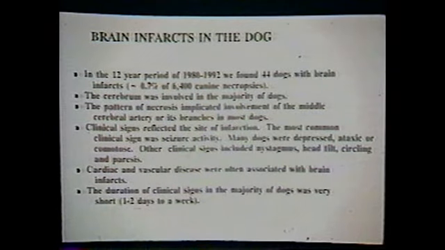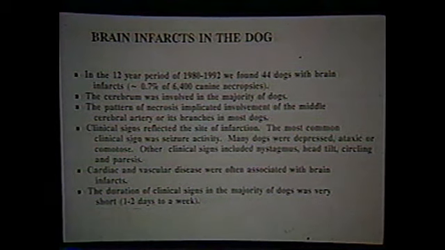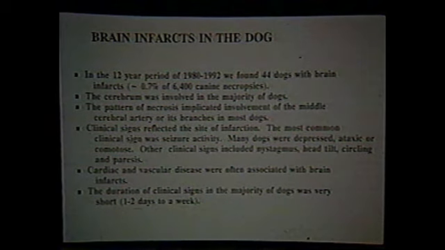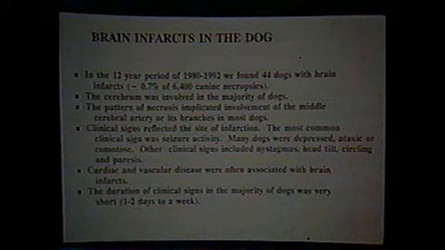We recently did a retrospective of brain infarcts in the dog. This was done by Byron Ruiz in our laboratory, and we found that 44 dogs, about 0.7% of the canine necropsies, had brain infarcts. This is about the same incidence as we see for meningiomas.